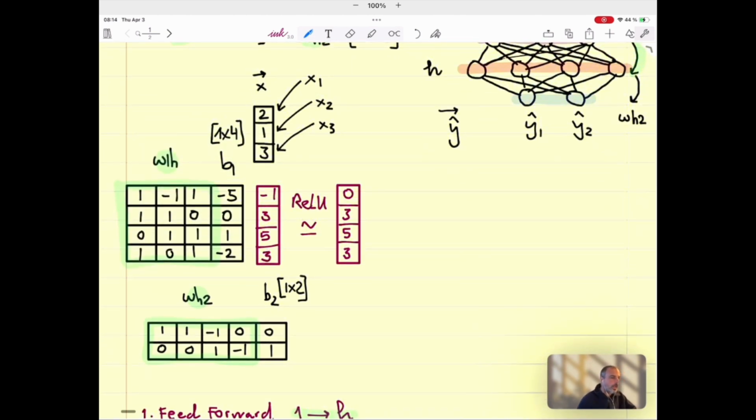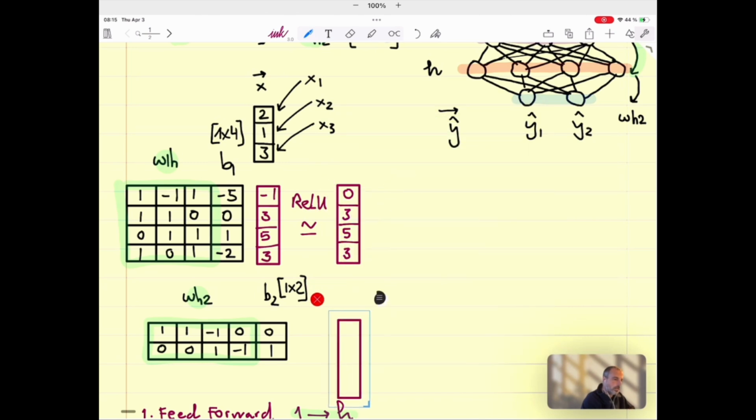All right. And this is new, okay, from last week. We just take the full output of h, and then we plug it into our next layer.